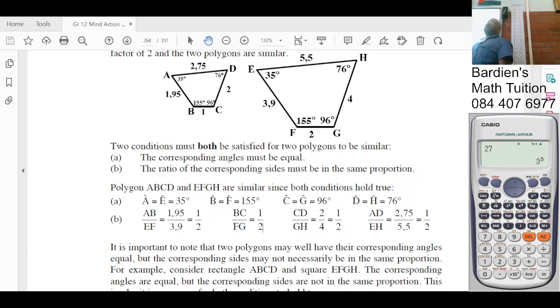Now if it's a 10-sided figure, it's going to be 10 minus 2, which is 8. 8 times 180 is 1440. Let's just check if that's right.